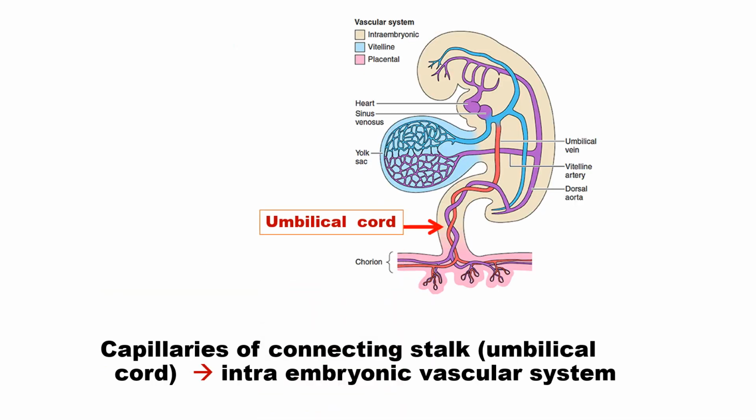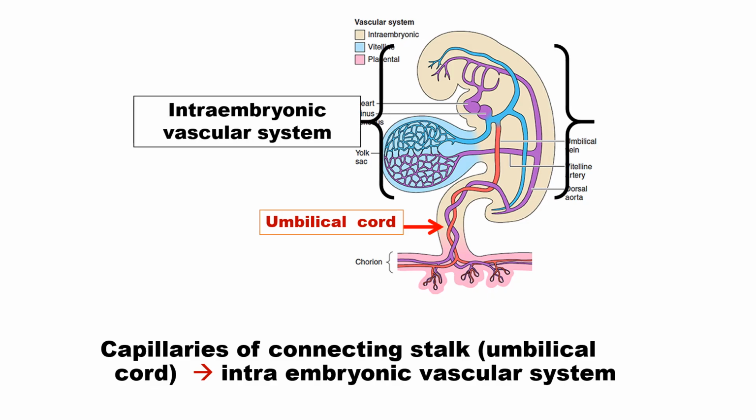Capillaries in the umbilical cord establish connection with the intraembryonic blood vascular system, which is simultaneously developing in the embryo. The intraembryonic blood vascular system develops one to two days later than the extraembryonic blood vascular system.